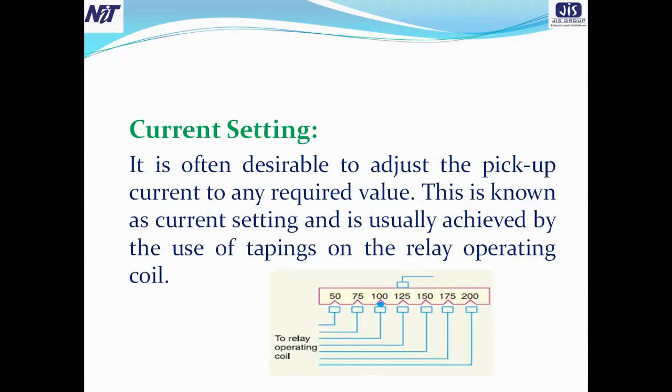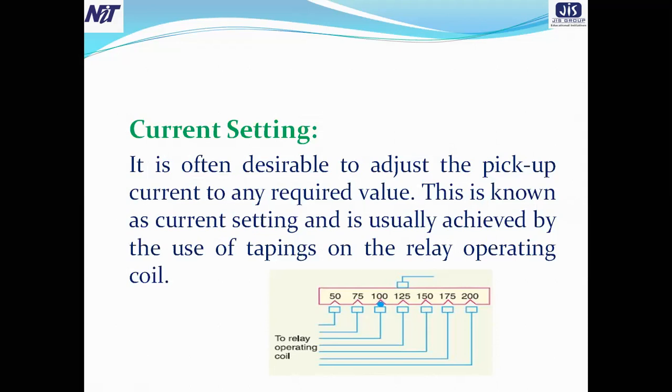This is known as current setting and is usually achieved by the use of tapping on the relay operating coil. The taps are brought out to a plug bridge as shown in the figure.